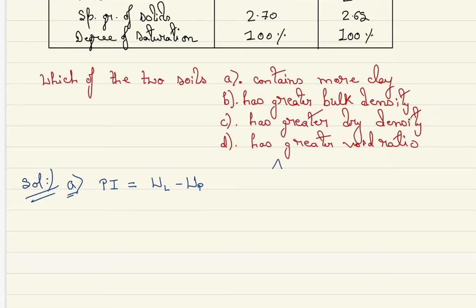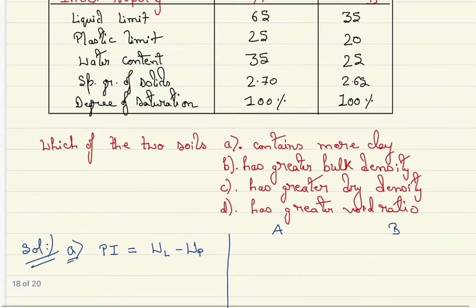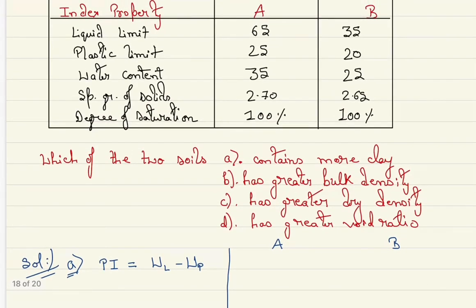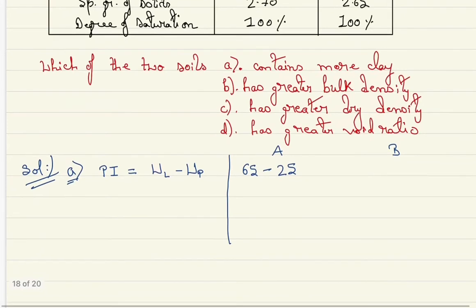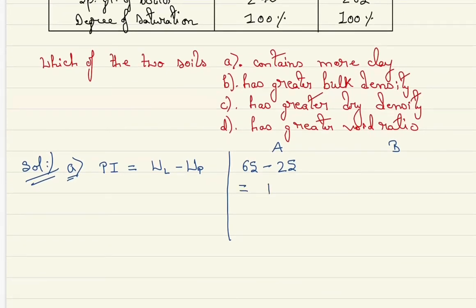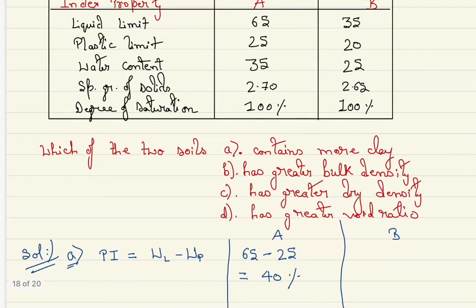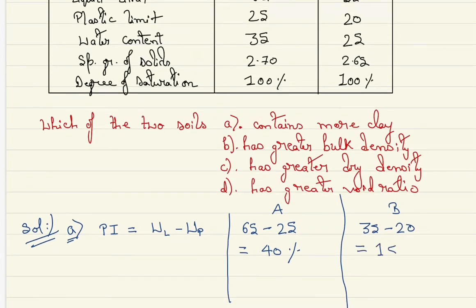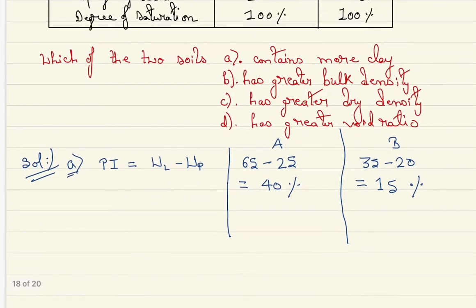For soil A, the plasticity index will be liquid limit, that is 65, minus plastic limit, 25, so it will be equal to 40%. For soil B, plasticity index will be equal to liquid limit, 35%, minus plastic limit, 20%. It will be equal to 15%.